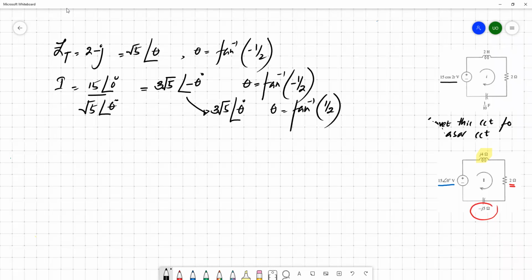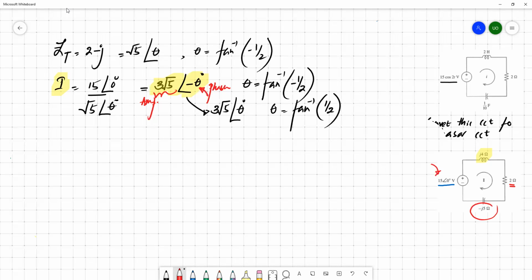Both are fine. Now the current phasor is in the form of this. This is the magnitude, or amplitude. This is the phasor with respect to the voltage.